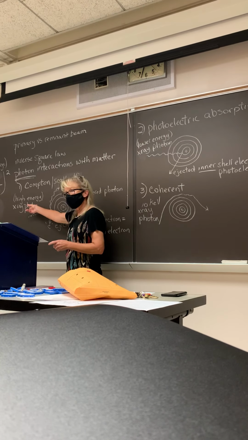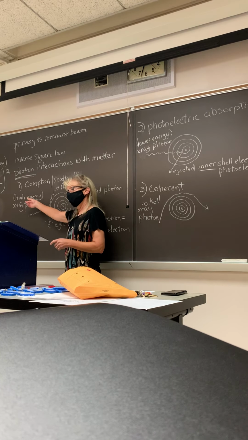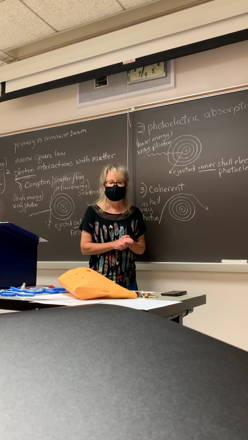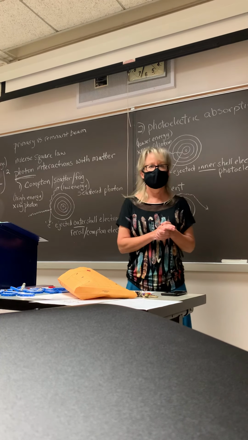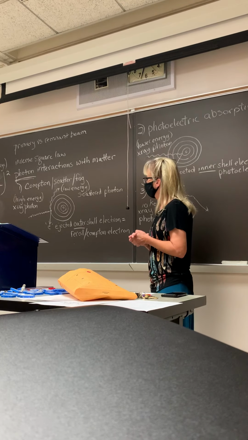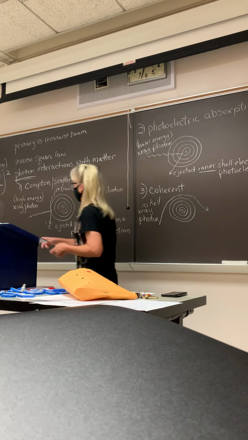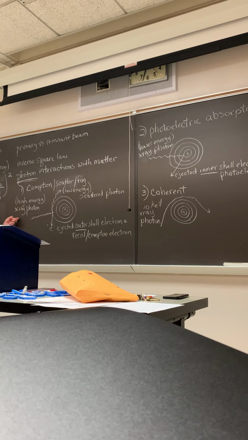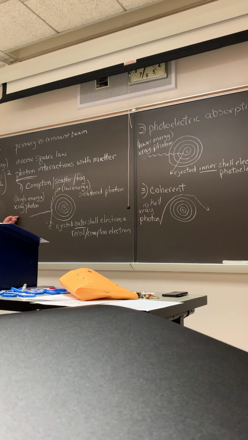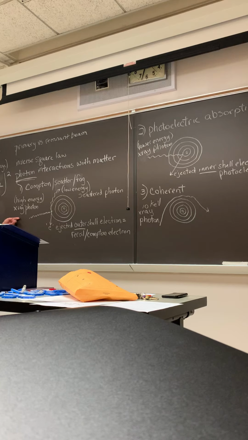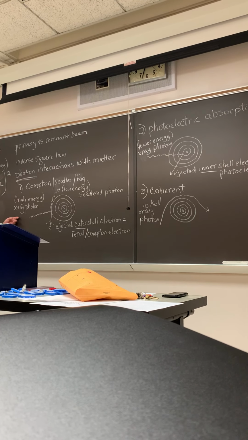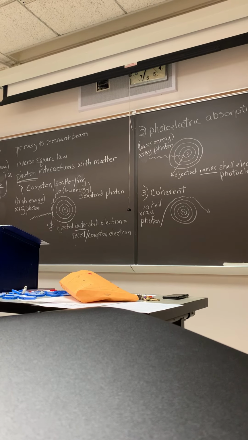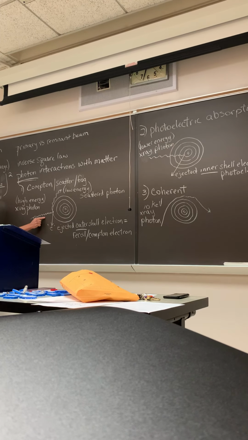It's usually, I'm not going to say always, but it's usually with a high energy X-ray photon, just so you can get a reference in your head. Some books say over 70 kVp is when you get the Compton stuff.